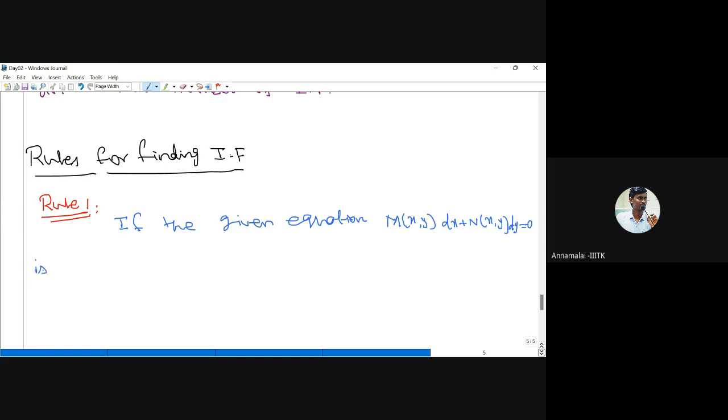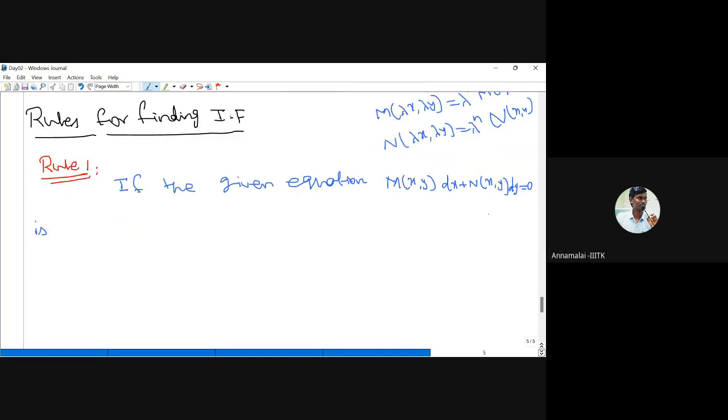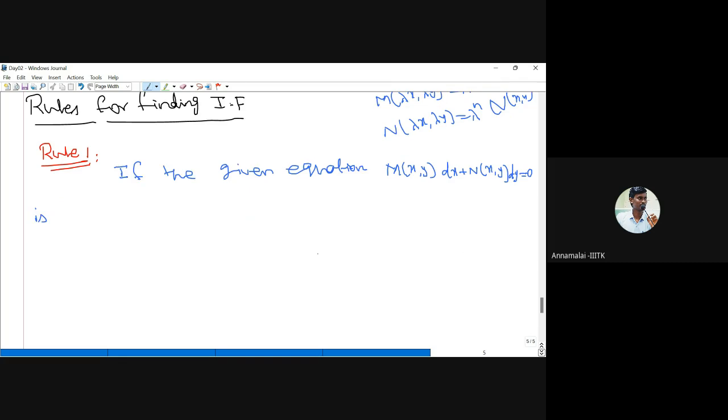Homogeneous means both functions M and N are homogeneous. Already I mentioned what homogeneous is: if you replace x by lambda x and y by lambda y, M(λx, λy) should be lambda to the power n times M(x,y), and similarly N(λx, λy) is lambda to the power n times N(x,y), with the same index n. So that is homogeneous.